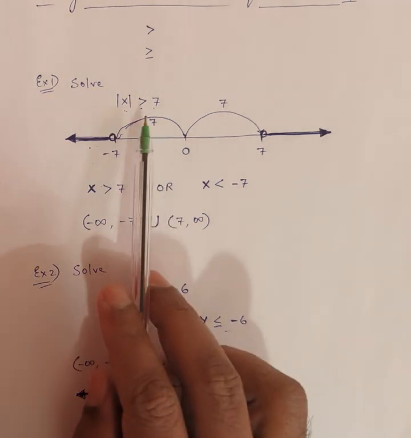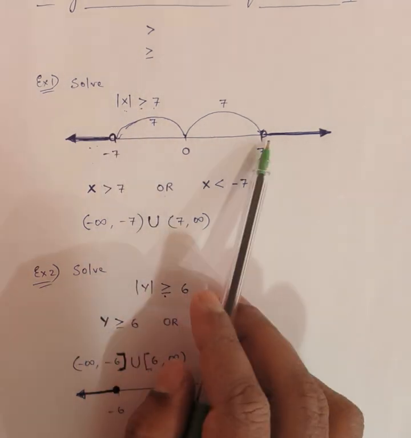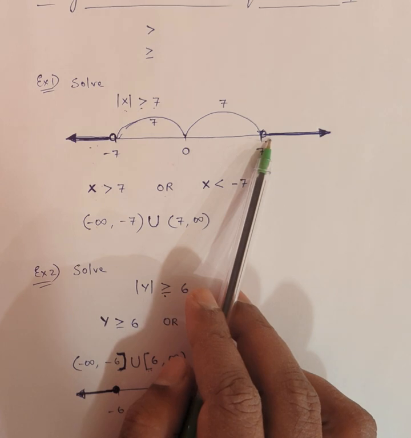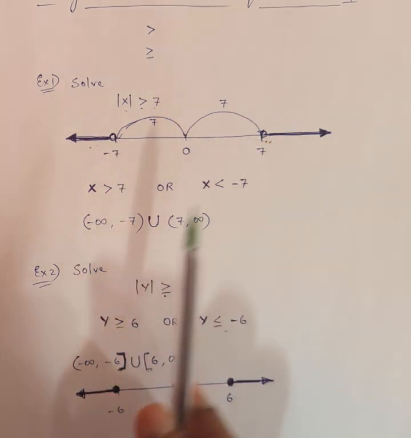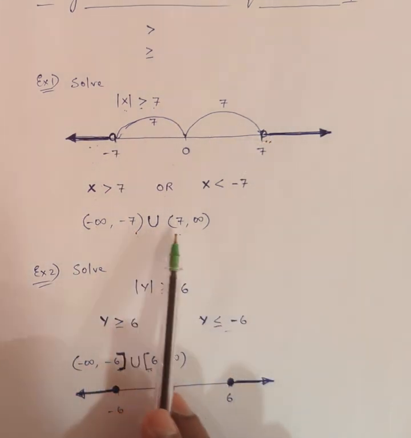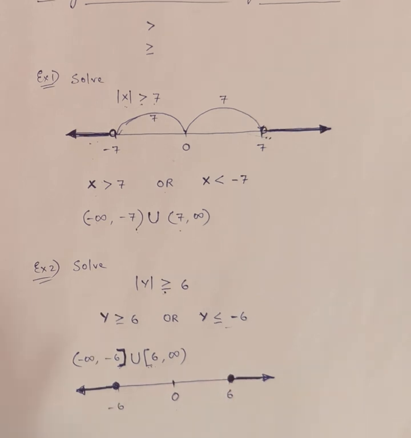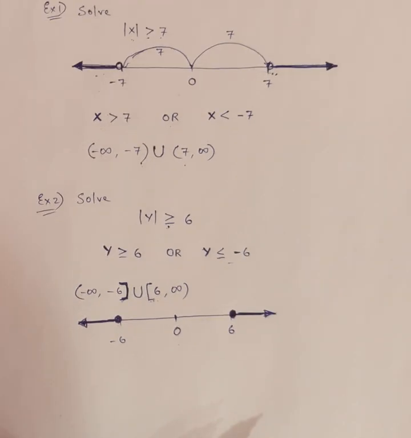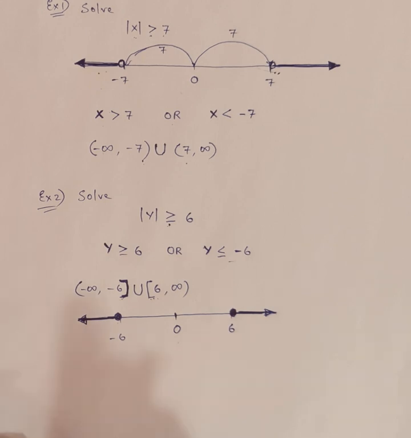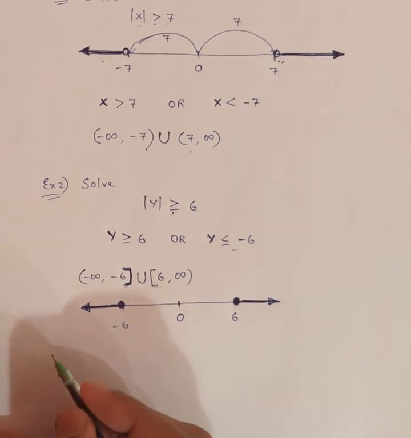If you don't see the equality, then it's going to be open circles on the number line graph, and parentheses in the interval notation. If you see the equality sign, it's going to be brackets in the interval notation and closed circles in the graph. All right, let's try one more problem.